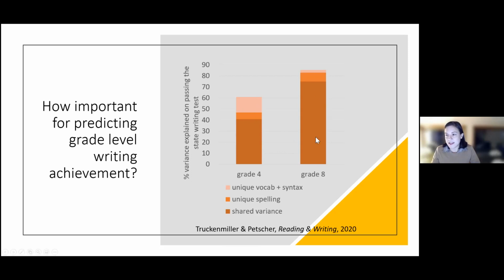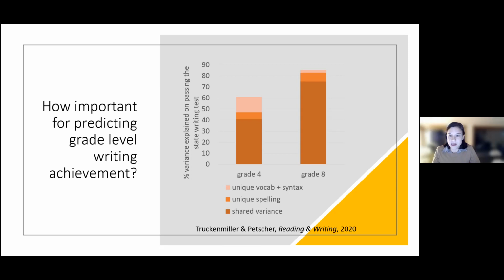In 8th grade, that shared variance increases, and then the total variance by the 2 combined also increases. So we find they're pretty darn important. The other thing that I thought was really fascinating from this study is that the unique variance predicted by vocab and syntax was almost the exact same unique variance that was predicted by reading comprehension.